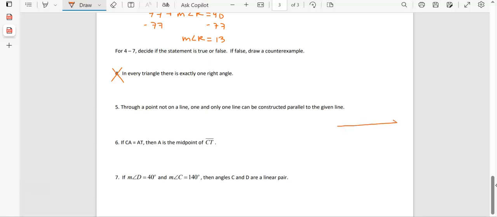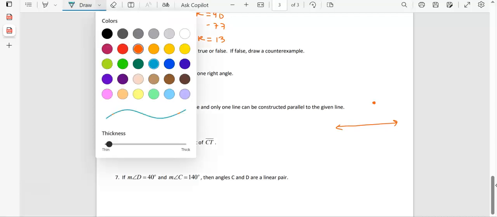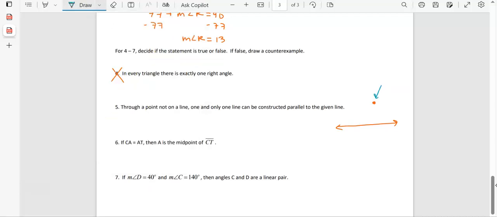So through a point not on a line. Okay. So we have a line, we have a point not on the line. And through this point, one and only one line can be constructed parallel to the given line. So this is the given line. Okay, so again, can I construct one? I can. I can go through it right there. The question is, can I construct a second?